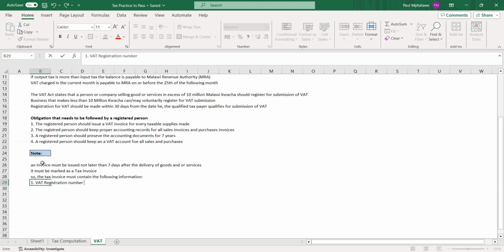VAT registration number of the seller. This is a taxpayer's identification number, or TPIN. This is a taxpayer's identification number.